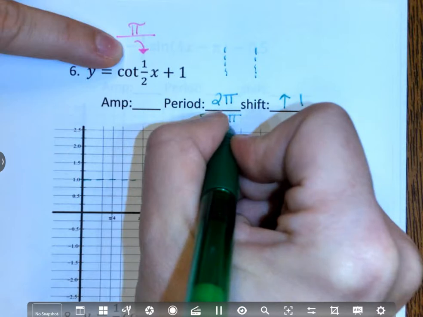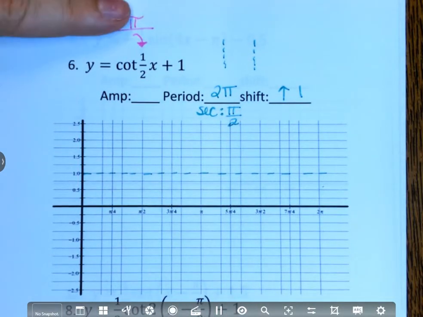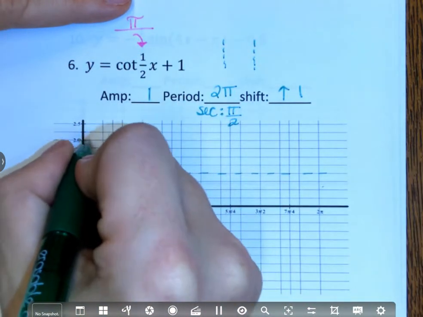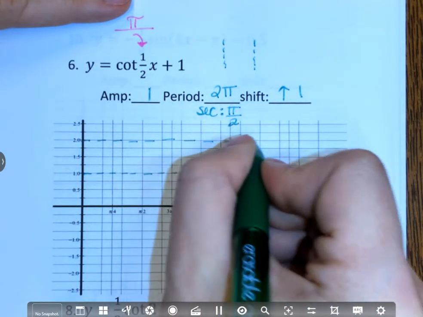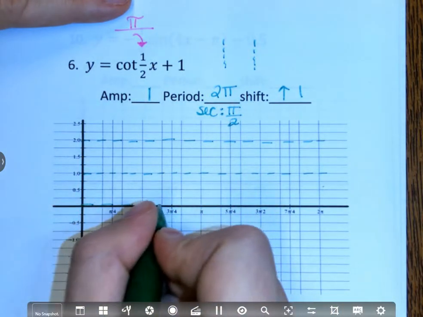Pi over 2. You guys are missing an easy one. What's my amplitude? 1. I usually go for the vertical shifts and the amplitude first because I think those are the easiest ones. And I'm all for taking the easy way out.